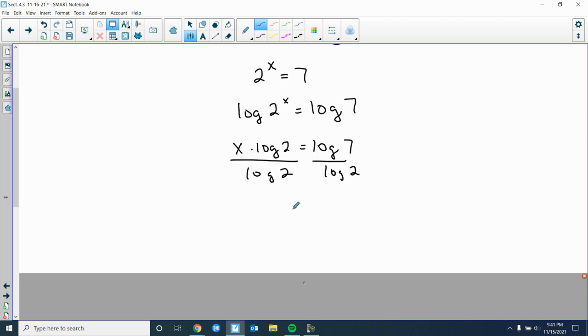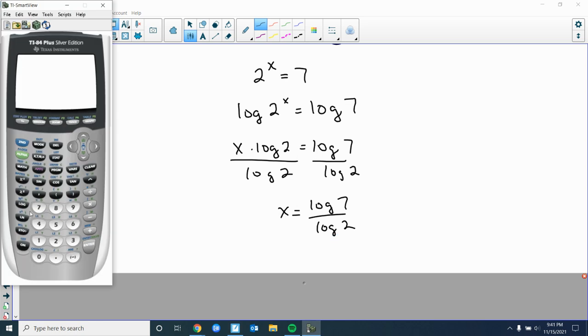Log of 2 will be a constant, not a nice one. It'll be a decimal, but it is still a constant. And so x equals log of 7 over log of 2. And we can go to our calculator and we can do log of 7 divided by log of 2.